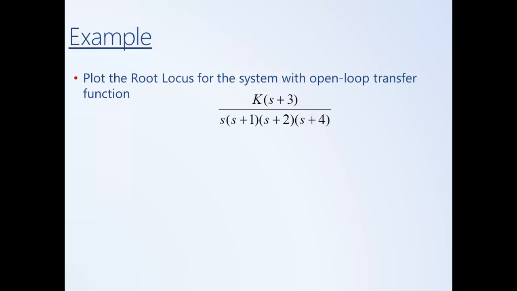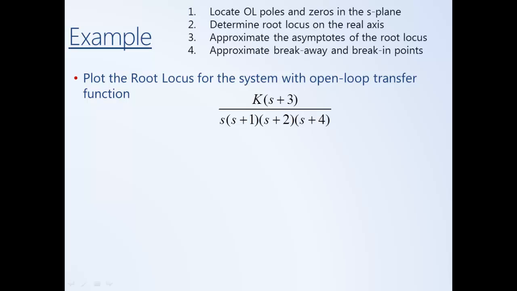Okay. At this point we'll go ahead and do another example. Recall step 1, locate the open loop poles and zeros. So this is the open loop transfer function. It has this constant k that we want to find how the closed loop poles vary with.